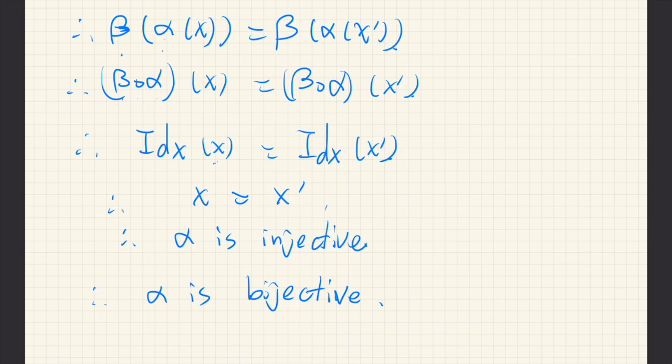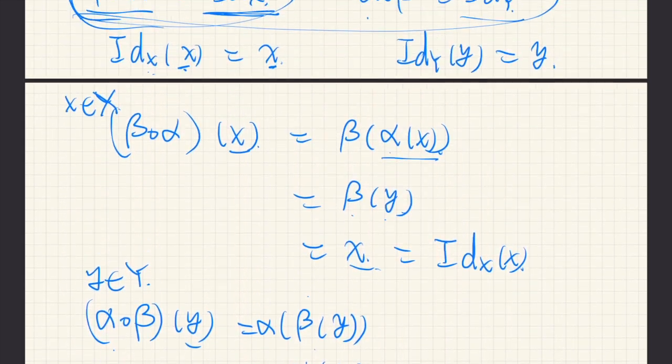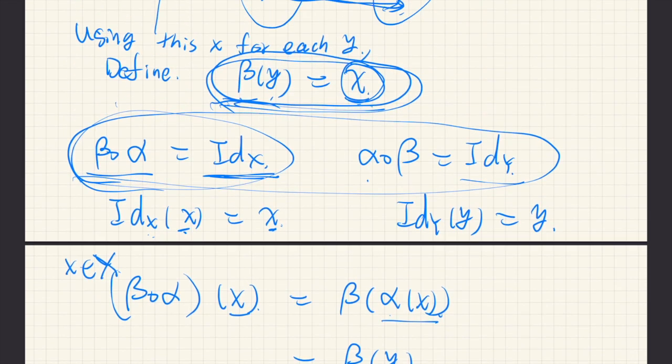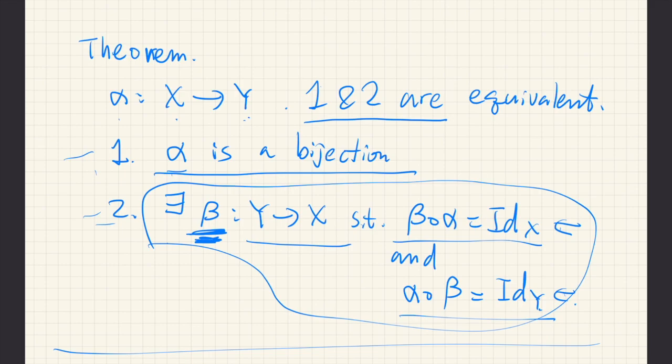And it's actually easy to see that this beta is also bijective. Not only alpha, but this beta is also bijective. So as I have already explained, what this theorem says is that if we have a bijection, then we can define its inverse map, that is beta.